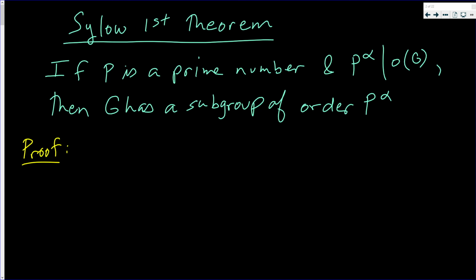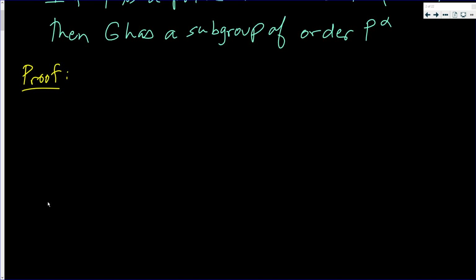First, a warning, this proof is going to be a little bit long. And even before we get into the proof, we have to prove something about a combination. Suppose that we have p to the alpha times m choose p to the alpha.